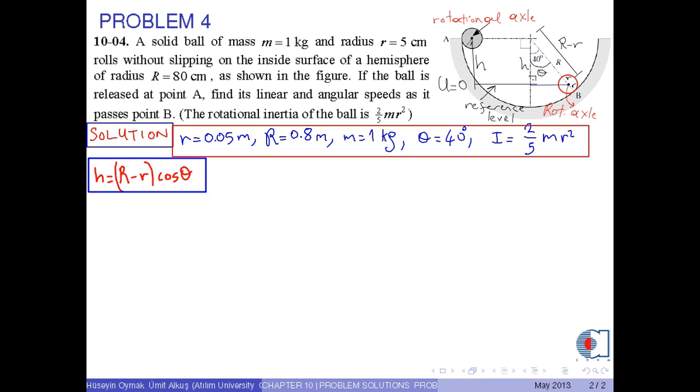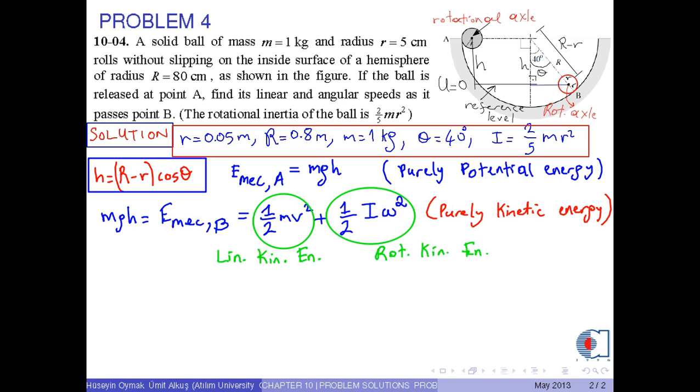At point A, mechanical energy is purely potential energy, which is m times g times h. And at point B, the mechanical energy is purely kinetic energy, which is 1/2 times m times v squared plus 1/2 times I times omega squared.